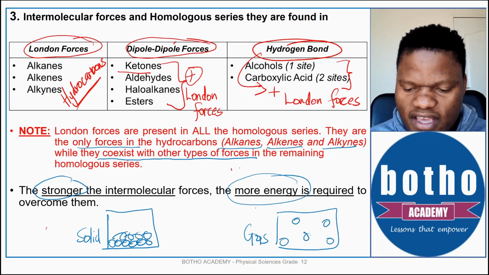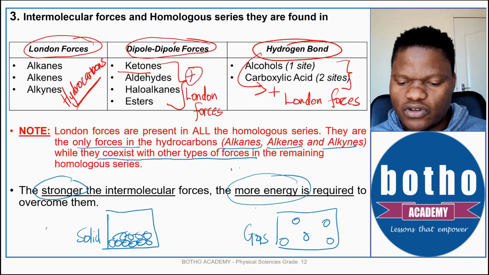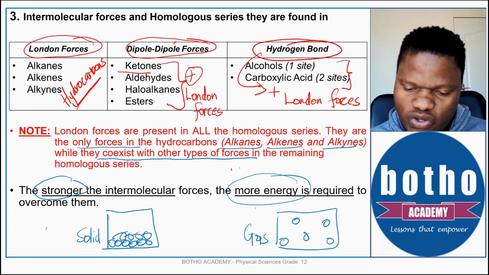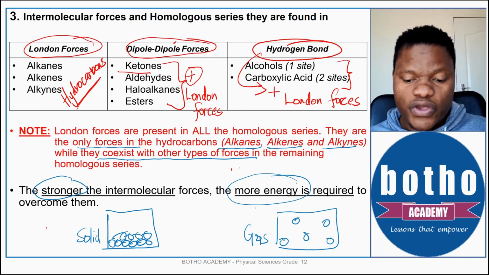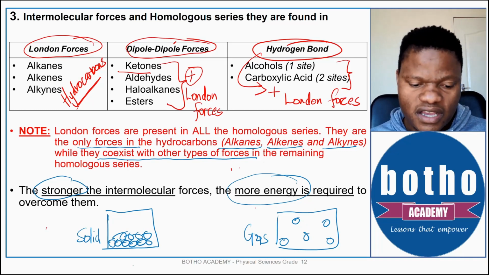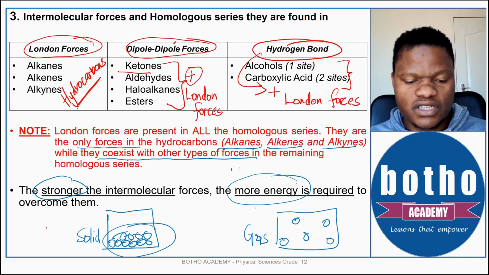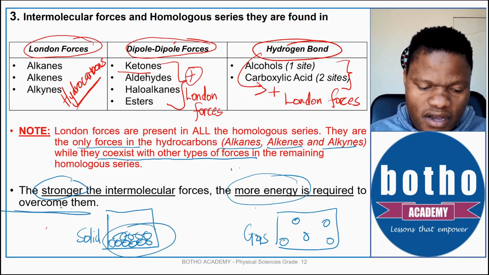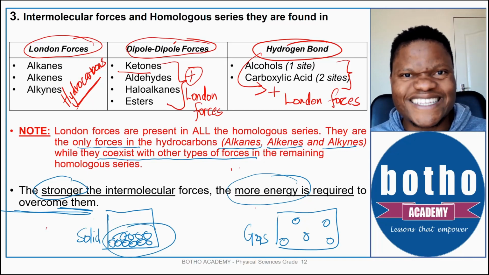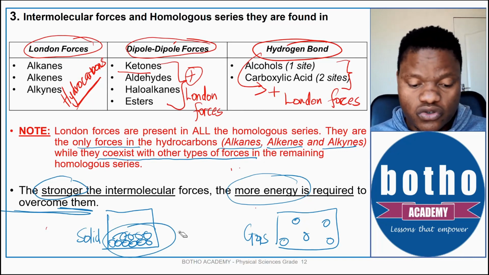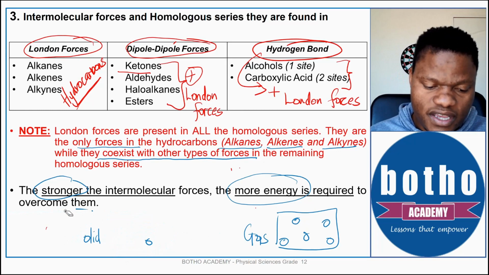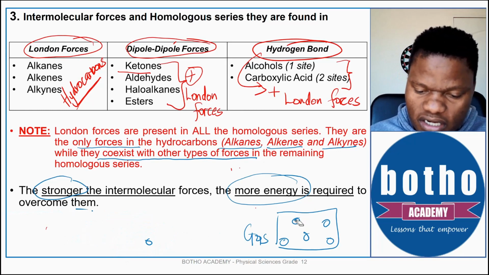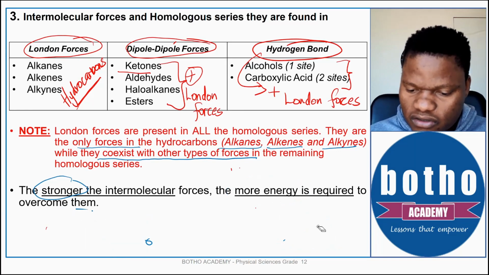The reason they are far apart is that the intermolecular forces between these molecules are weaker in gases and much stronger in solids. So in order to separate these molecules in a solid, you have to overcome the intermolecular forces which exist between the solid particles. This is what actually happens in boiling, melting and so on.